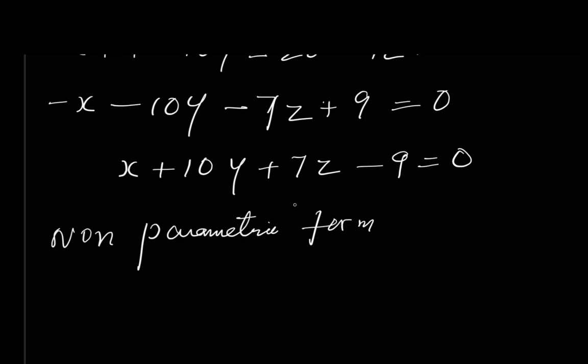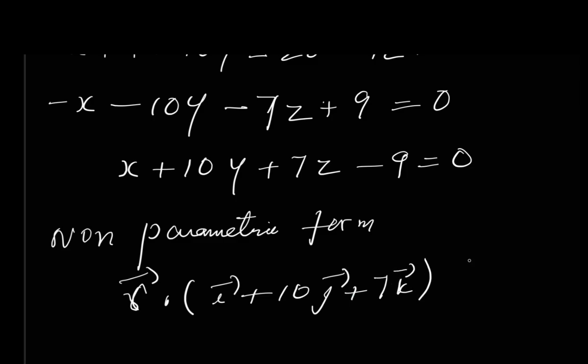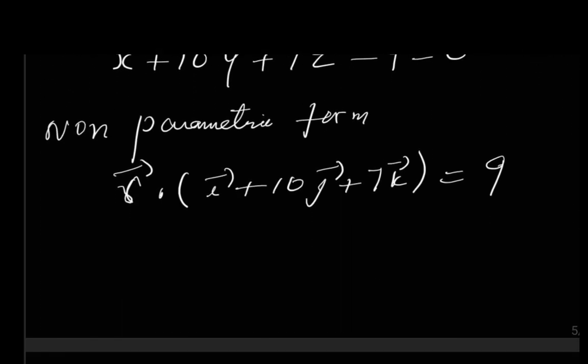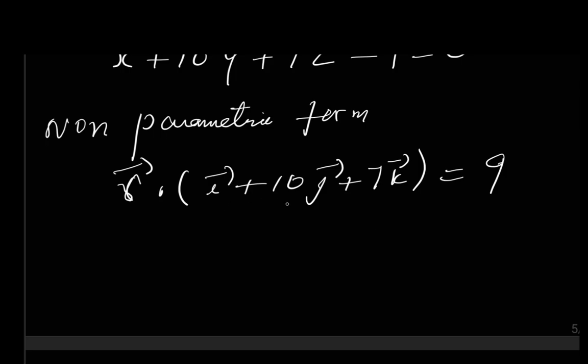Take x, y, z, that is vector r dot, the coefficient is i plus 10j plus 7k. Take this 9 to the other side, equal to 9. So we represented it in the dot product form. Instead of calculating all this, you can directly give this step, r dot i plus 10j plus 7k equal to 9. This is the answer.